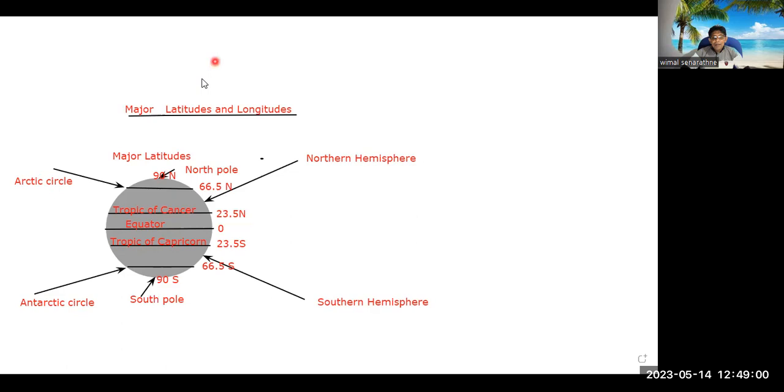And you must remember the globe is divided into two by the equator.